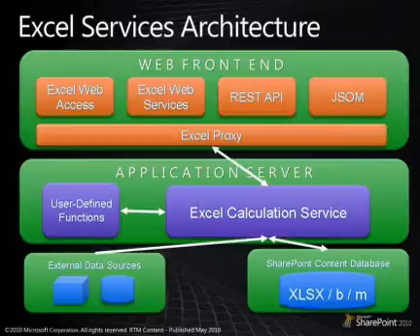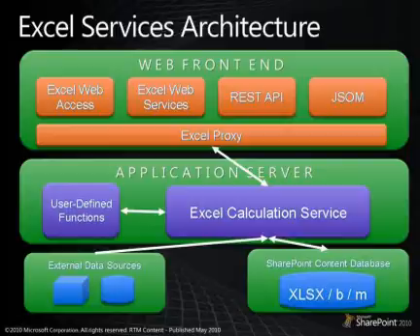Also included on the web front end is the ECS proxy that handles communication between the tiers in a multi-server environment. The proxy manages load balancing situations where you have two or more application servers running in ECS mode. Finally, on the back end, Excel Services uses three types of SQL Server databases.